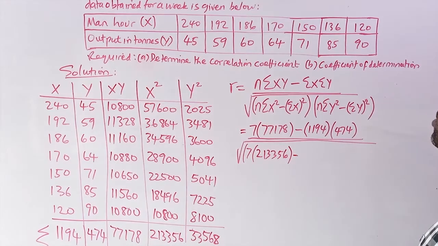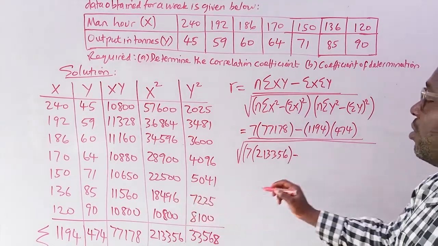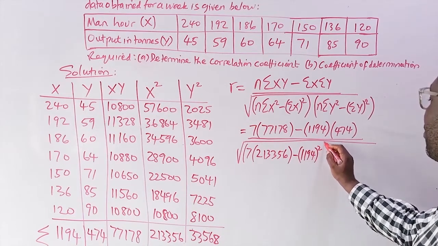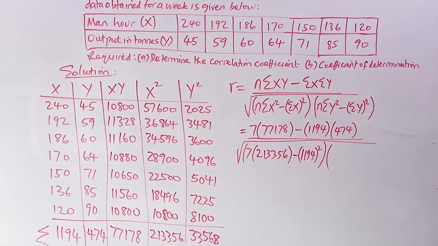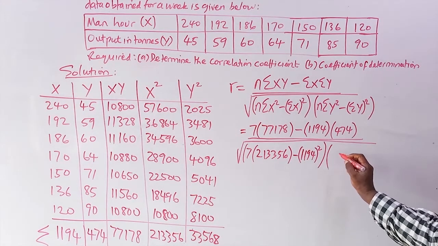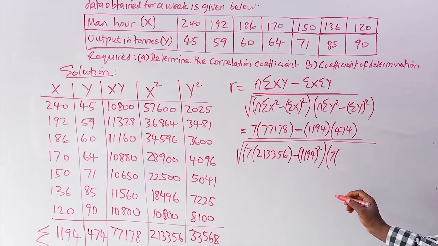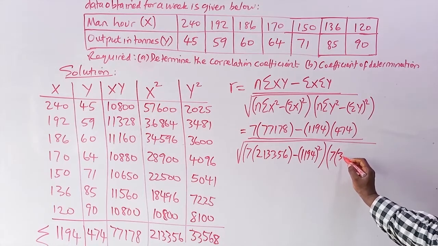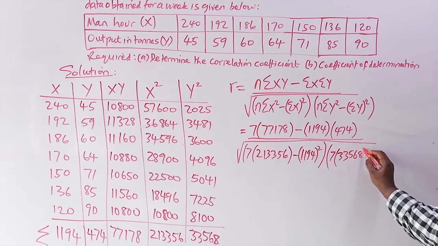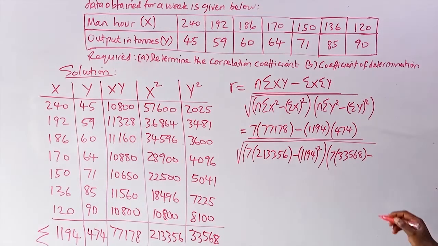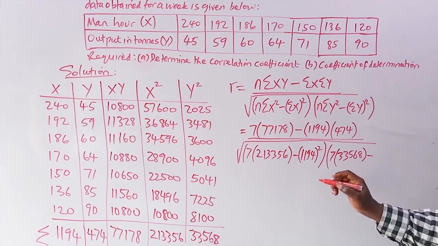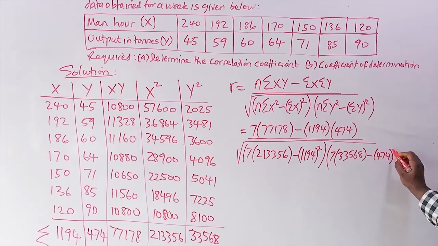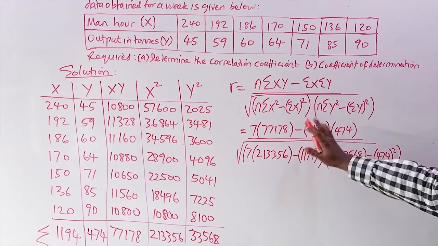Okay, minus summation x, which is 1194, all squared, and we close this bracket and we open another one to accommodate y, so that we have 7 into summation y squared, I beg your pardon, so there's 3, 5, 6, 8, close bracket, minus summation y all squared, so this is 474 all squared, and we close bracket. So these are the values we want to deal with.